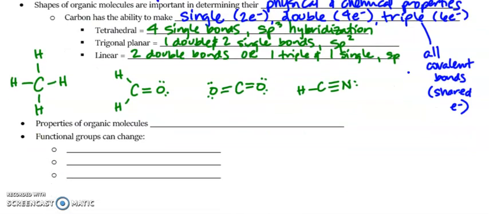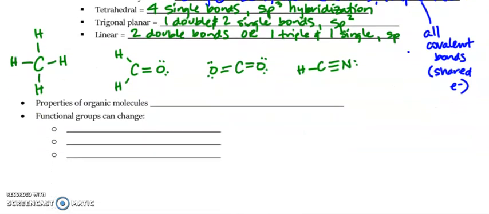So the properties of these organic molecules vary greatly. There's a huge range of properties that we're going to get into more when we understand their structures more. A lot of them, besides having these shapes and having single, double, and triple bonds, will also have what we call functional groups. Functional groups are kind of like attachments, little pieces that will attach to a chain of carbon.